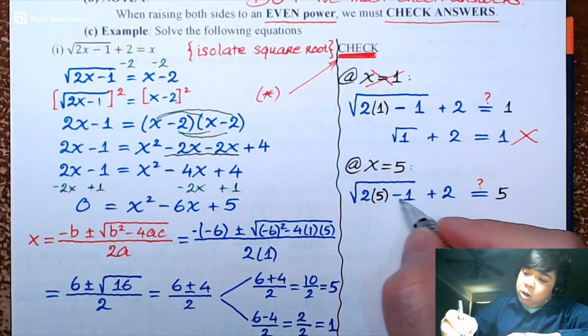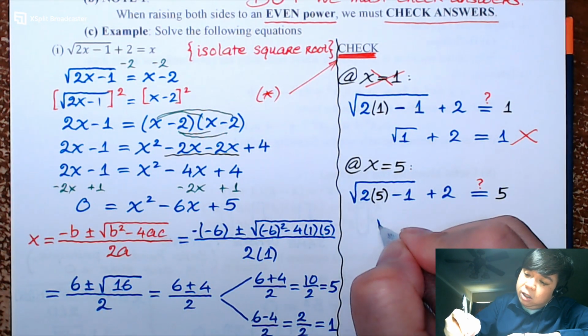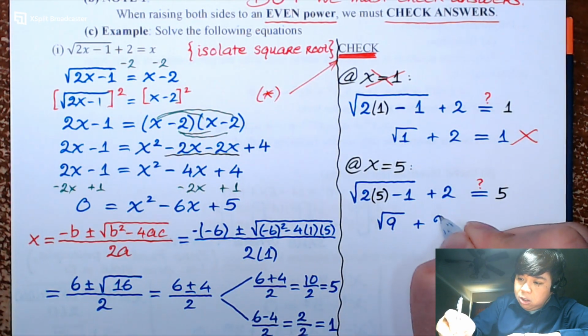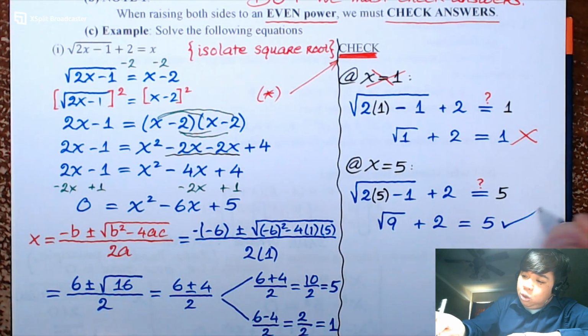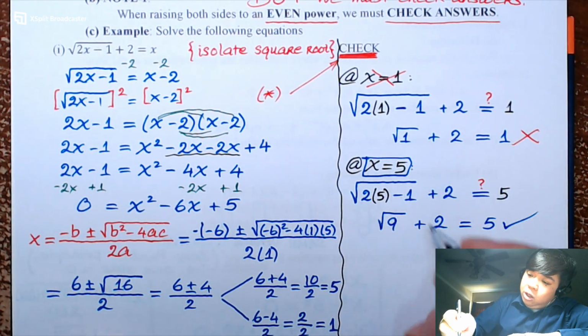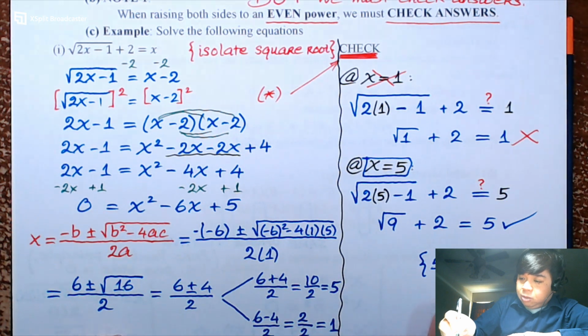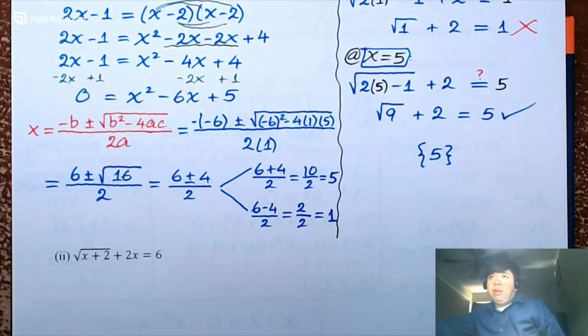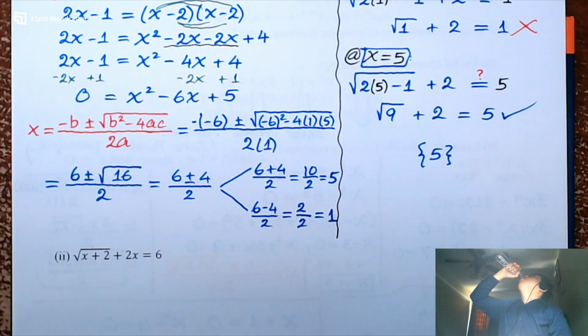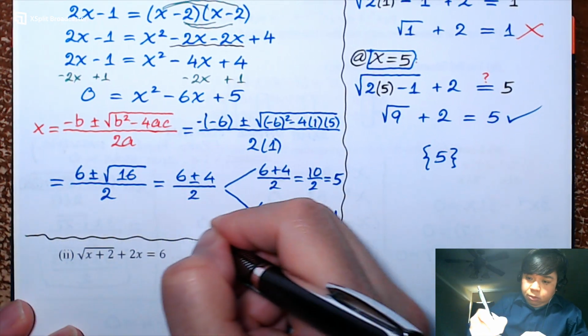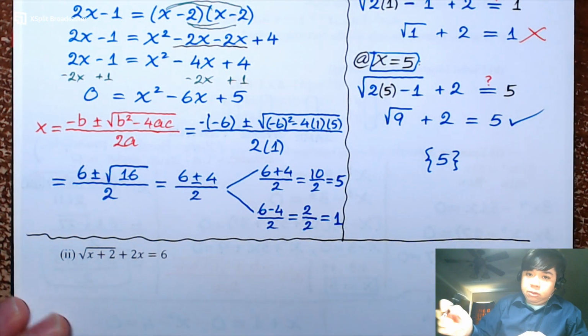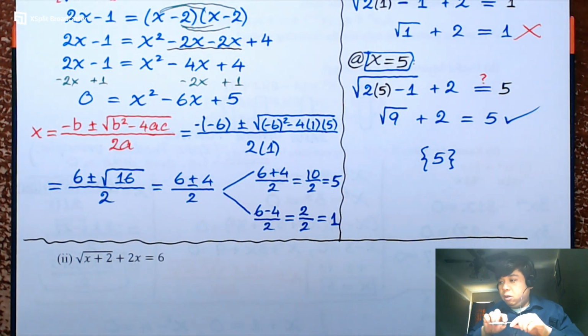And that's 2 times 5, so the square root of 5 minus 1, the square root of 9, plus 2. The square root of 9 is 3, 3 plus 2 is 5, so that is good. So this solution is good. So this problem only has one solution, 5. The 1 doesn't work, so that's why we always have to check our answers.